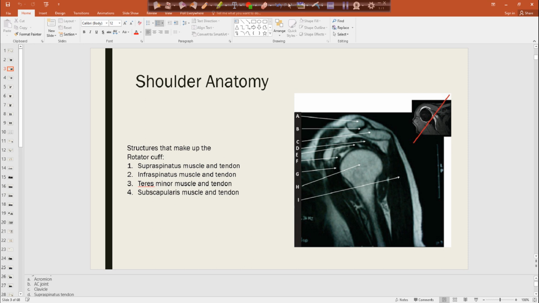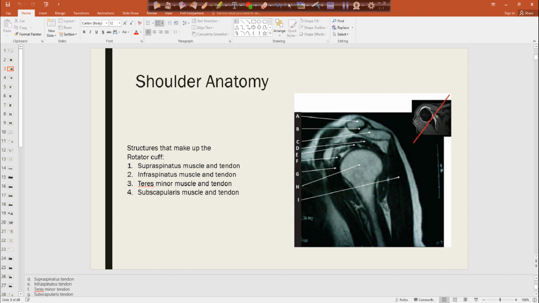D is our supraspinatus tendon, because we're getting closer to the attachment site. E is our infraspinatus tendon. F, teres minor. Then G is our subscapularis.